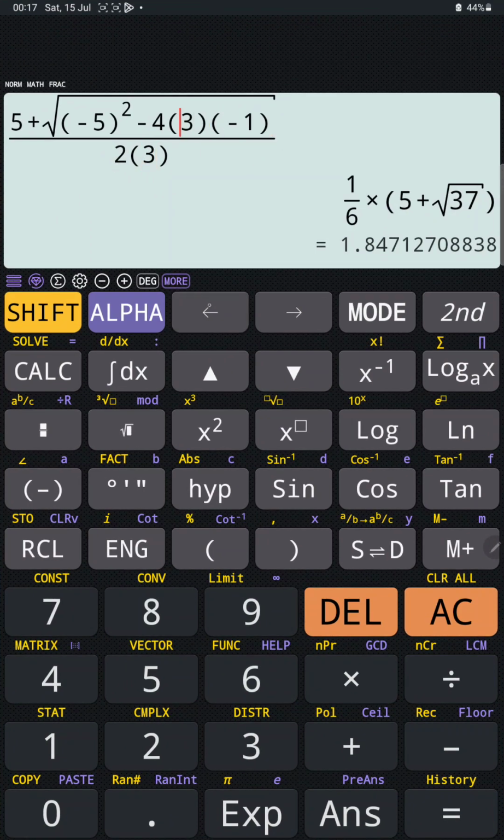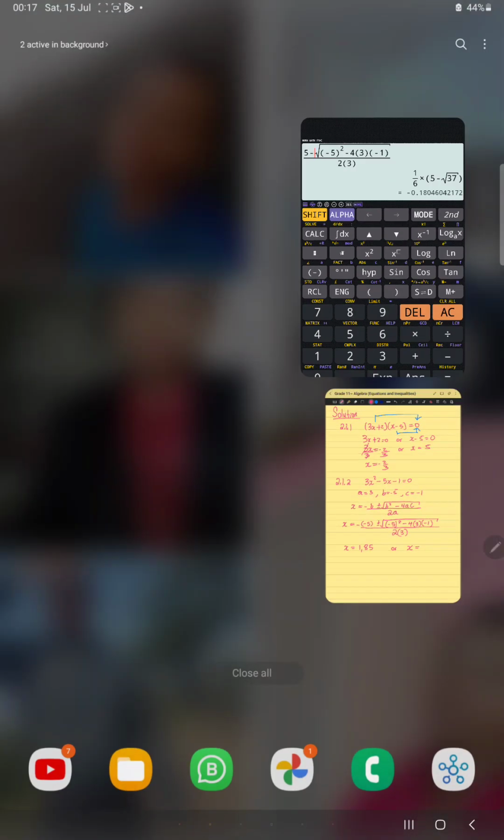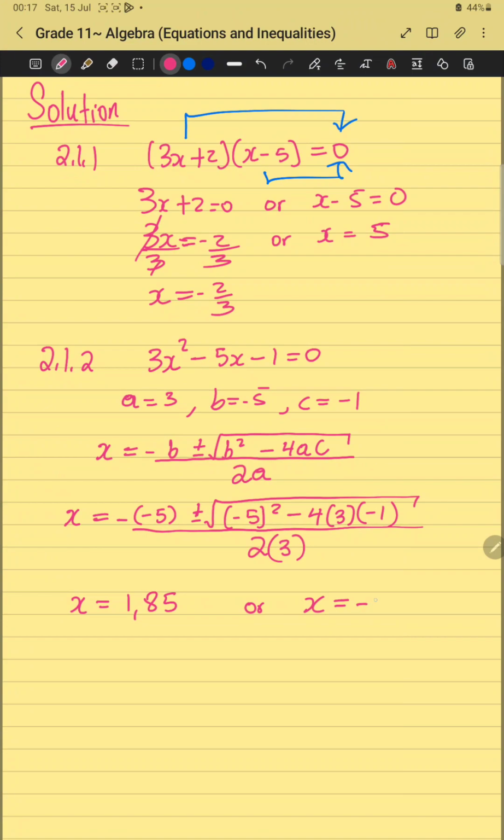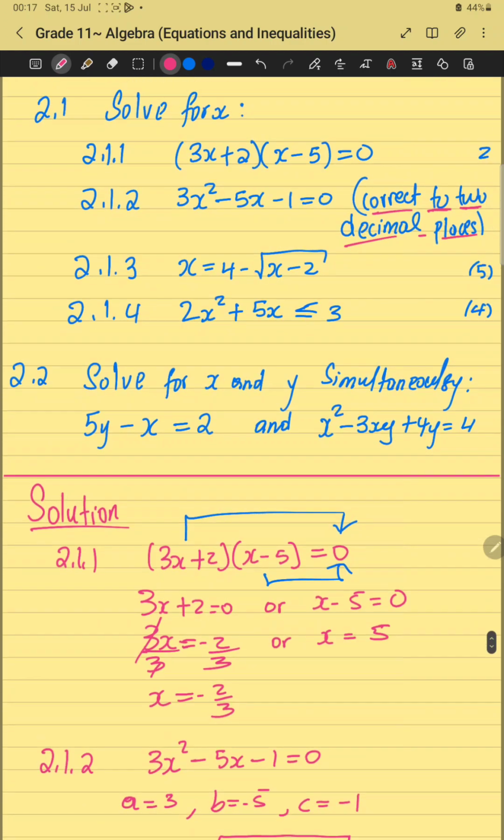So it's just negative 0,18, negative 0,18. So now it is 100% correct. Now let's move on to the next one.